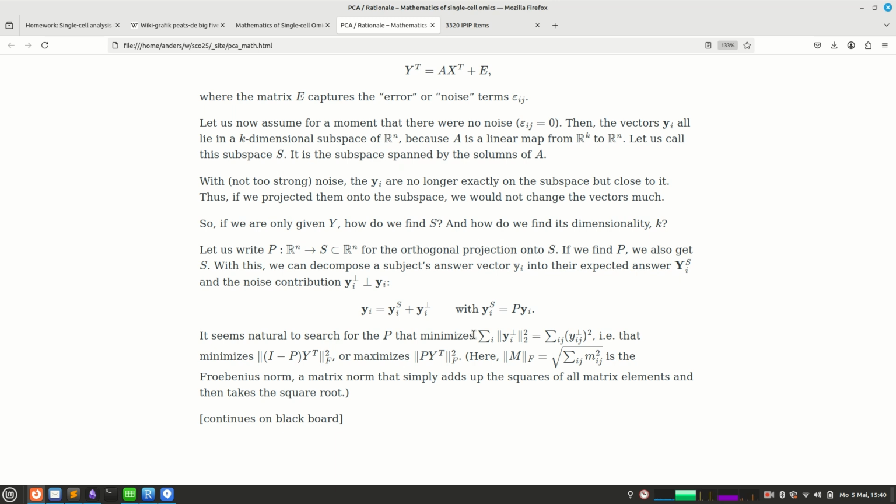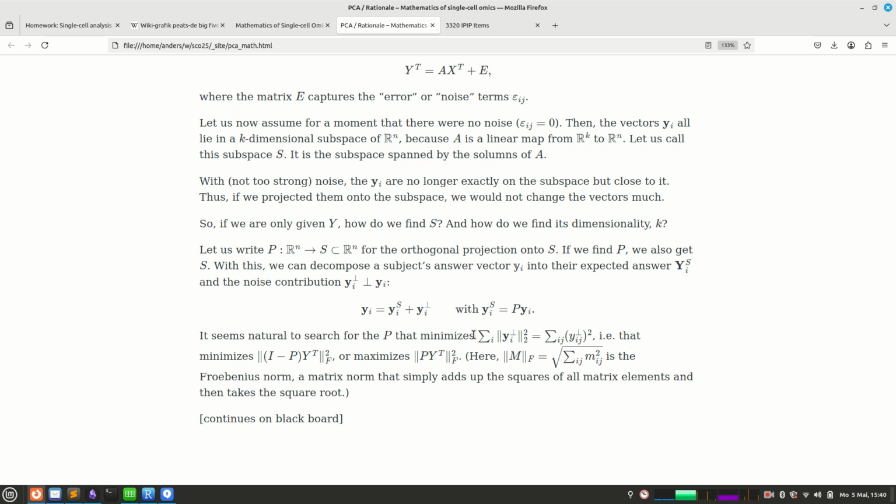And to do this, what we now do is we write a basis for S. Fix a basis for S, and I call this basis p1, p2, ..., pk.